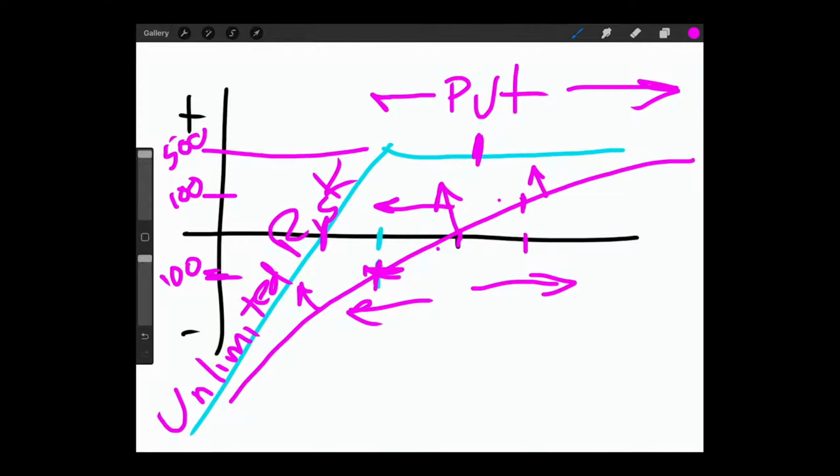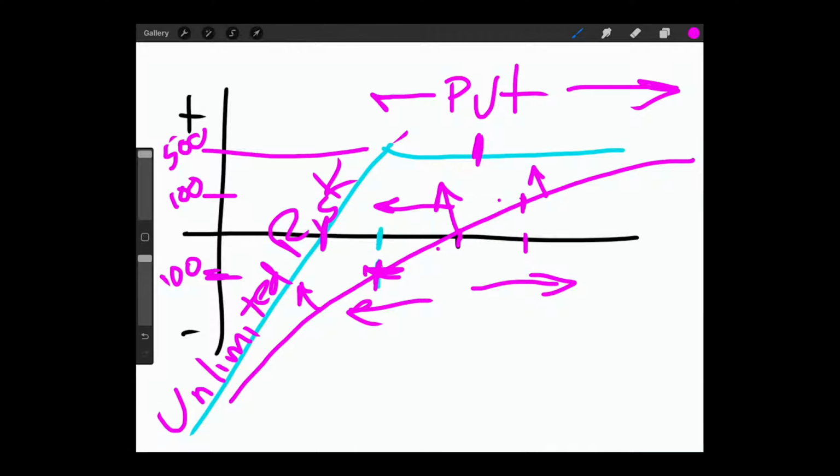Now, there's probably not a good chance of that happening. There's probably no chance of that happening, but it's still a significant risk, and it could wipe out your account for sure. So there's the most basic premium collection strategy.